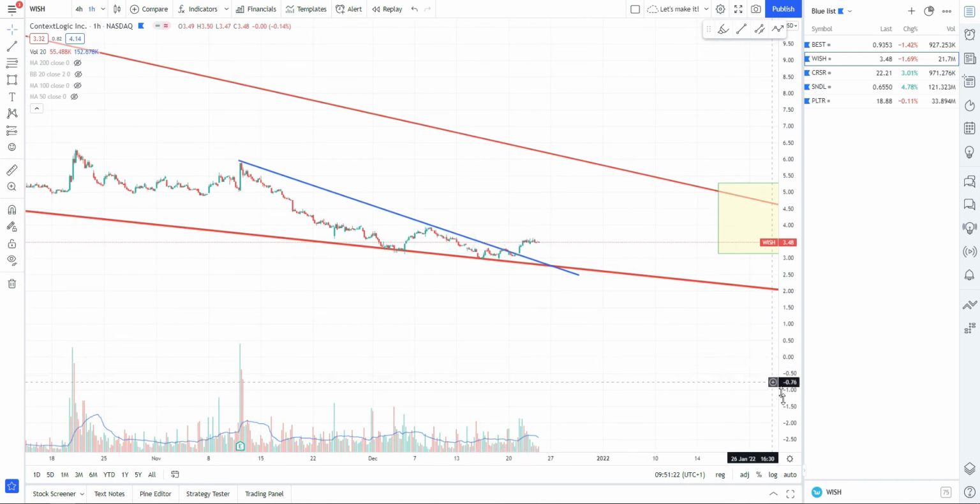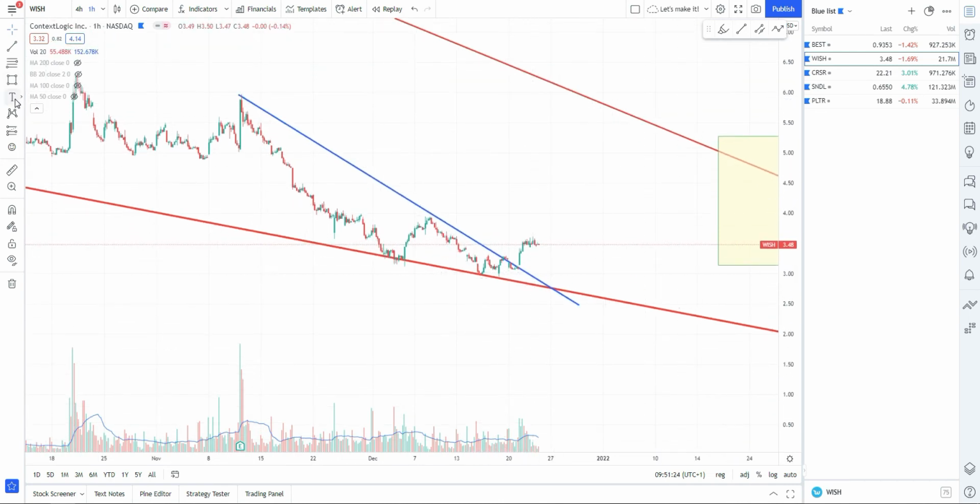This is a good sign. So where can the price go now? Again, this is an even smaller wedge. You see this lower part in red, this upper part in blue. If we take the height of this, we might be seeing a projection towards $4.10. Let's say $4, okay? So the short-term price target will be here.